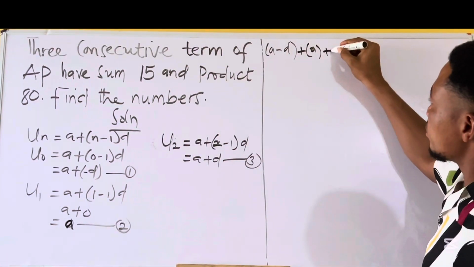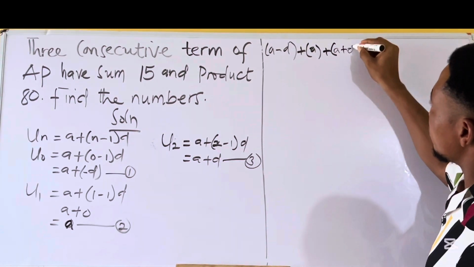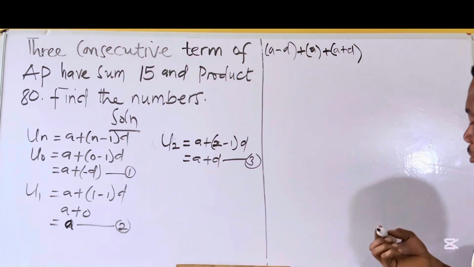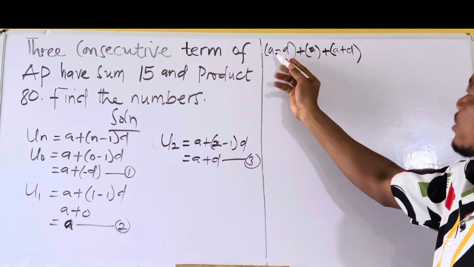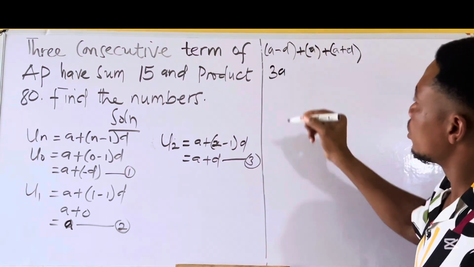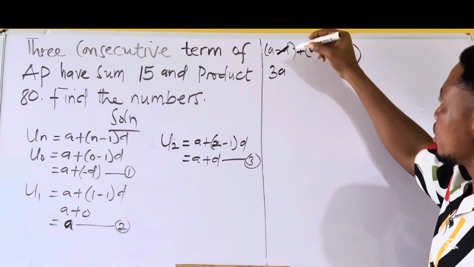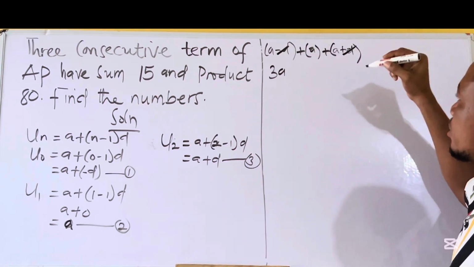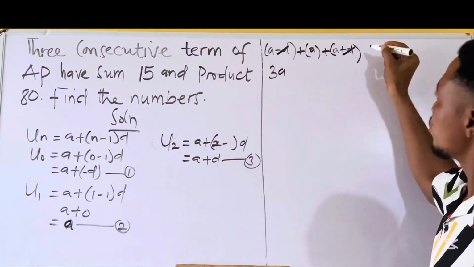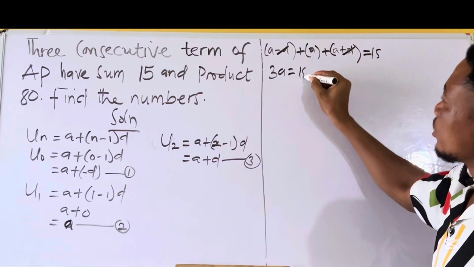And third, we have a plus d. Now when we add, the a's will give us 3a, and we are aware that this d will take off this d. So we have 3a, and this is equal to 15.